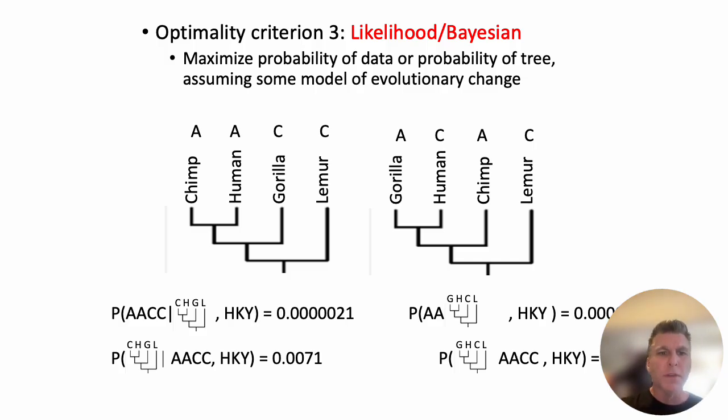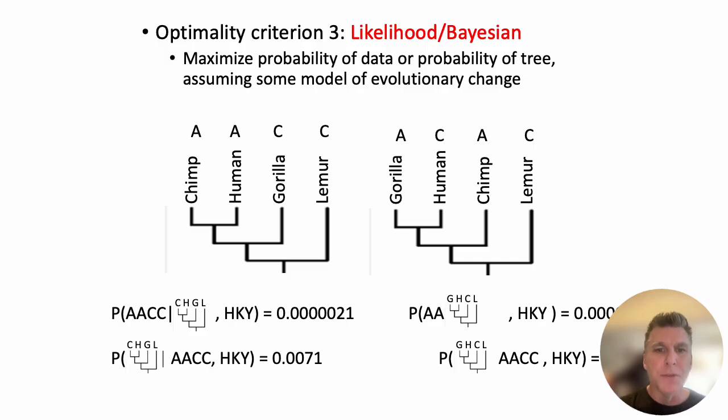And the way this works is if you look at those four equations there, look at the one in the upper left, and it's showing a probability of this distribution AACC across that phylogenetic tree, comma, and then HKY as a type of evolutionary model, and then the number over to the right, 0.0000021, is that probability.